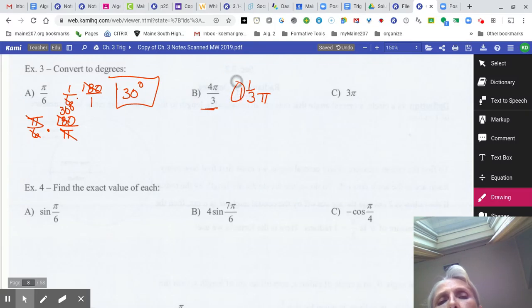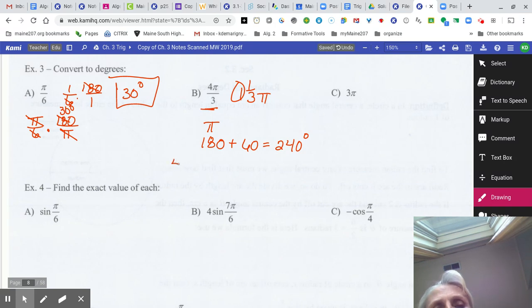So you have 1 whole pi. There's my whole, 1 pi, 180 degrees, plus 1/3 of another 180 degrees would be 60 degrees. So this is my 180, plus the third more is 60 degrees, and so my total would be 240 degrees.